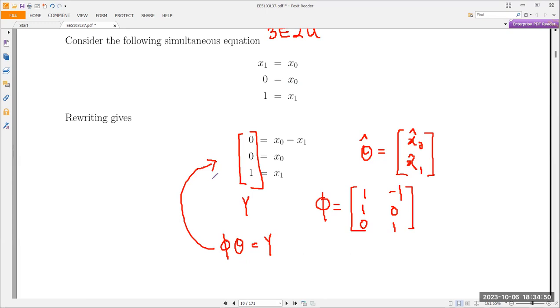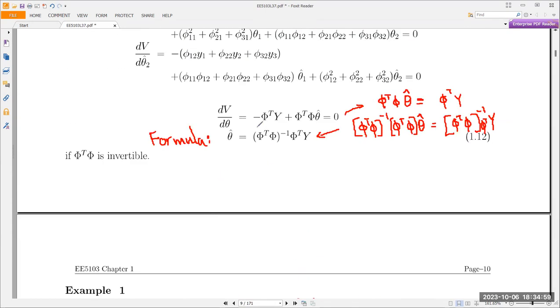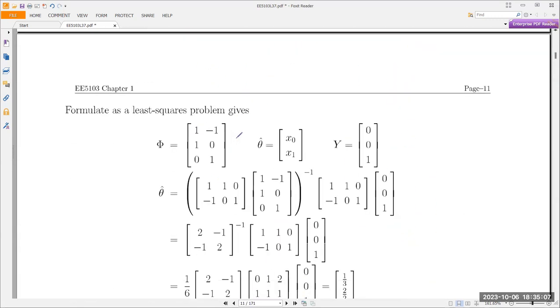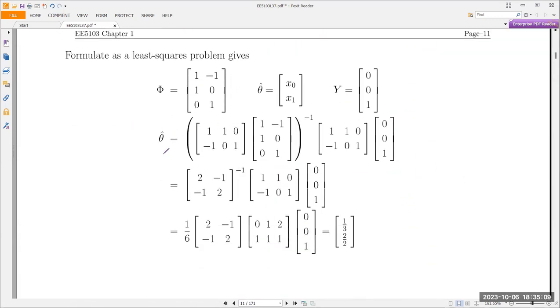All right, you do this, you'll get back this. Then now you go and apply the formula, this formula here. You know what is phi, what is y, so you go and find what is theta hat. So this is the formula.